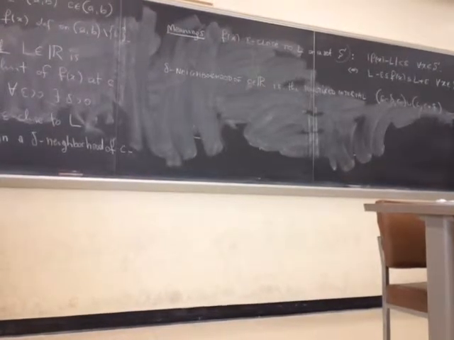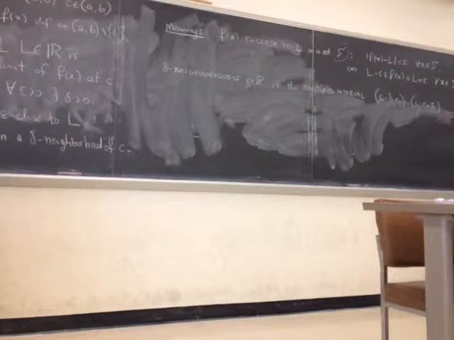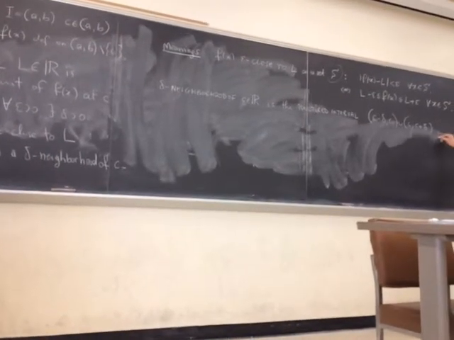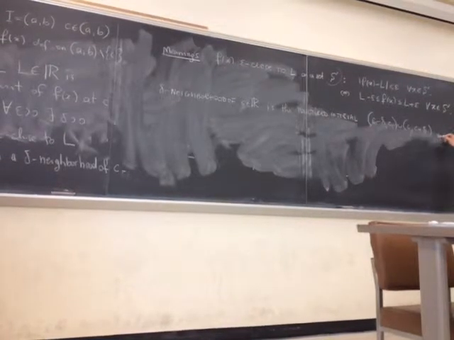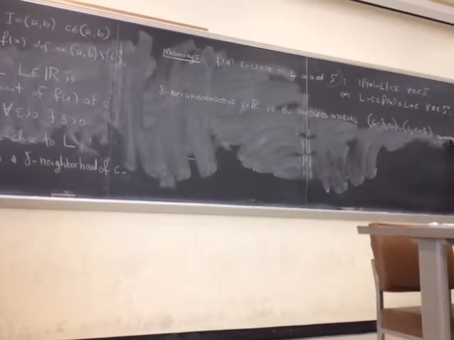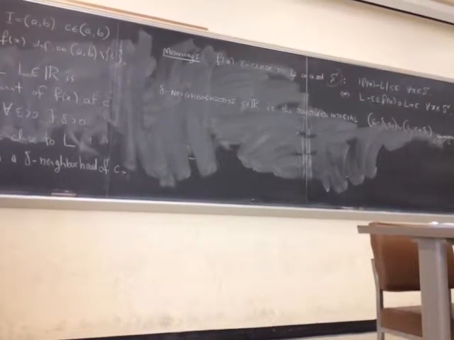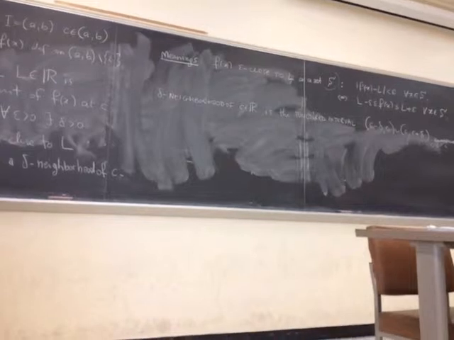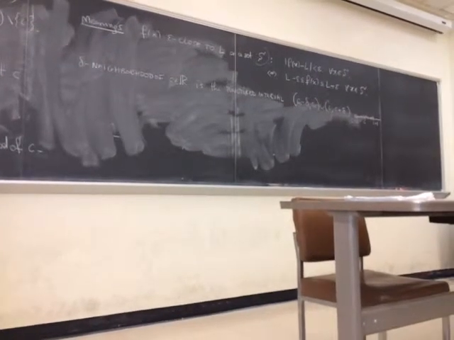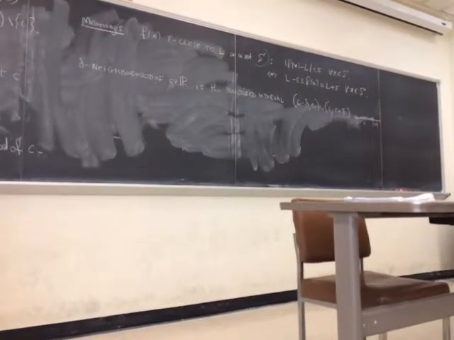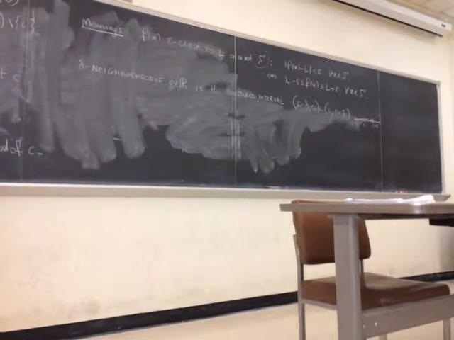To draw a picture, this is the point c, this is the point c plus delta, this is the point c minus delta, and the delta neighborhood will be the union of these two open intervals. I'm taking c out of my delta neighborhood definition since the function is not necessarily defined at c, so I don't even want to take the risk of computing f at c. Okay? So that's why I'm just taking it away.